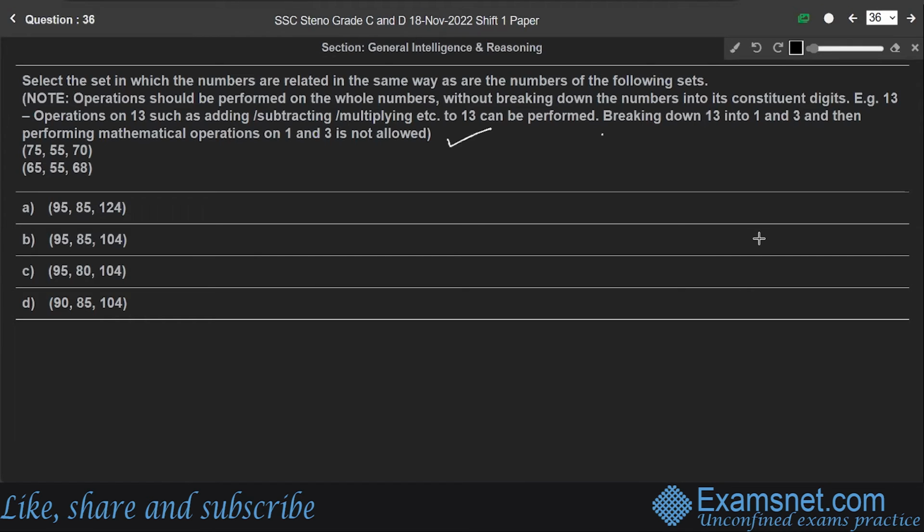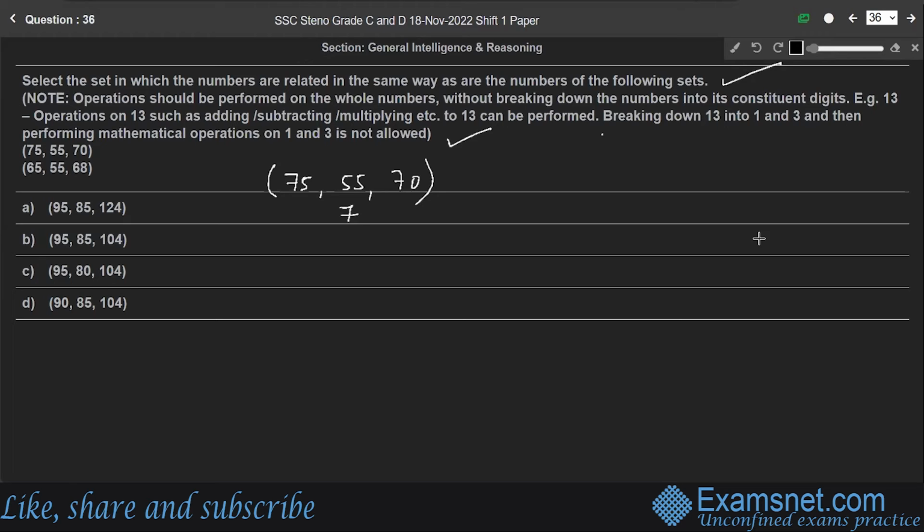Question number 36. Select the set in which the numbers are related in the same way as the numbers of the following sets. So you have to perform a mathematical operation on the whole numbers, right? Keeping this in mind, we'll consider the first set of numbers 75, 55 and 70. We'll consider the numbers 70 and 55, the second and third numbers.